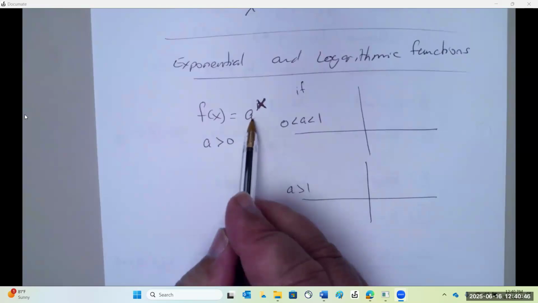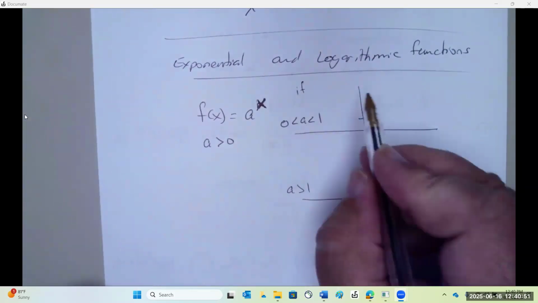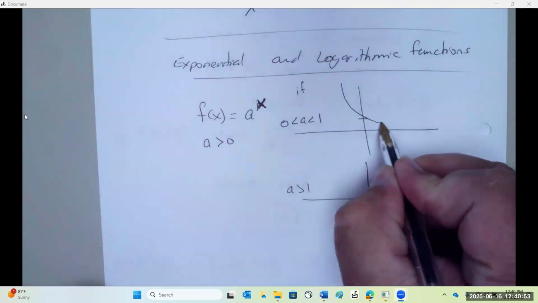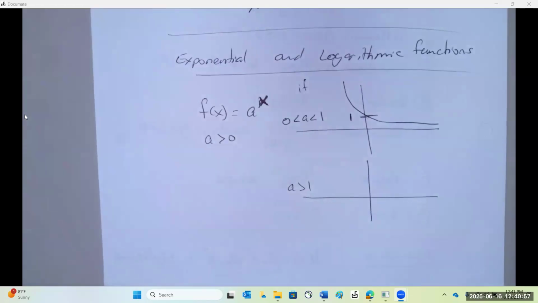This is our base. If a is between 0 and 1, then it's a decreasing function, and it always crosses through 1. Why does it always cross through 1? Very good. Perfect.